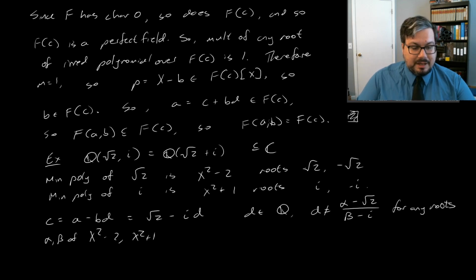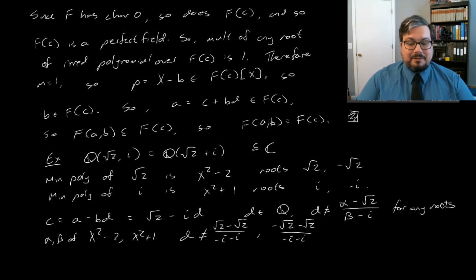So we've got that d has to not be equal to (√2 − √2)/(−i − i), and has to not be equal to (−√2 − √2)/(−i − i).